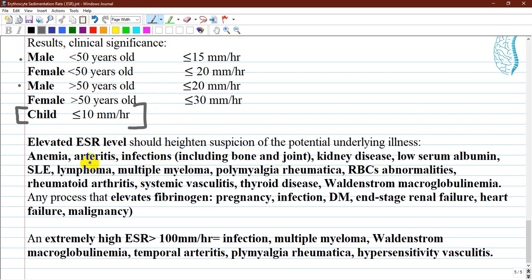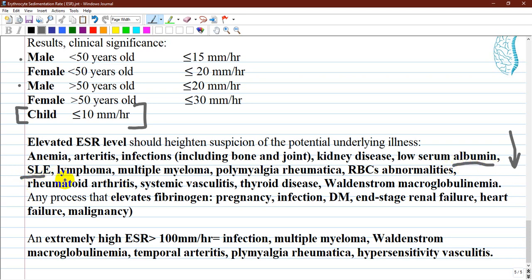Importance of the test: an elevated ESR level should heighten suspicion of a potential underlying illness like anemia, arthritis, infections including bone and joint, kidney disease, low serum albumin, low protein. Albumin is a normal protein.